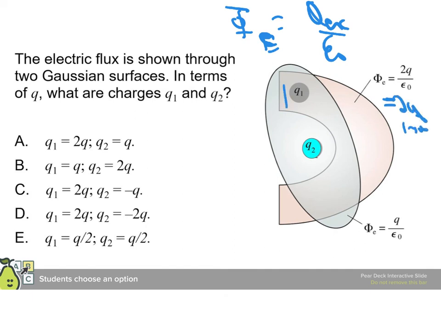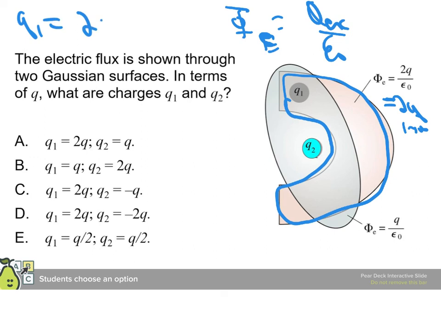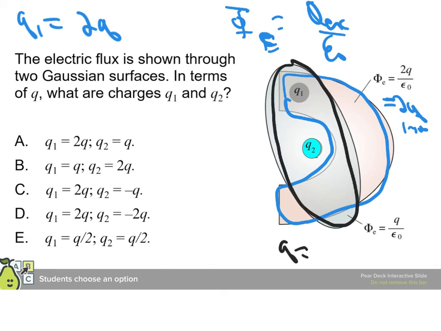But the only thing inside this surface is Q1. So we see immediately that Q1 is 2Q. On the other hand, the charge inside this surface is Q, and it's made of both Q1 and Q2. So Q is 2Q plus Q2, or Q2 is minus Q. So we're at this one.